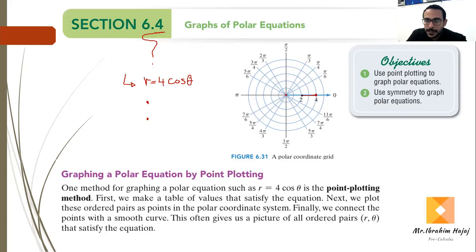Okay? Here is the diameter of the circle. The diameter is always 4. A equals 4, which is the diameter of the circle. Then connect the points here, meaning pi over 6 and pi over 4 and so on, okay? The circle is not like this, sorry.